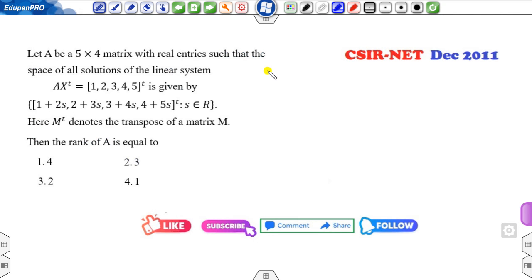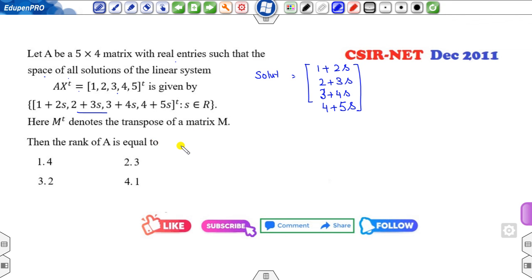A is a 5 by 4 real matrix such that the space of all solutions is given by (1 + 2s, 2 + 3s, 3 + 4s, 4 + 5s).